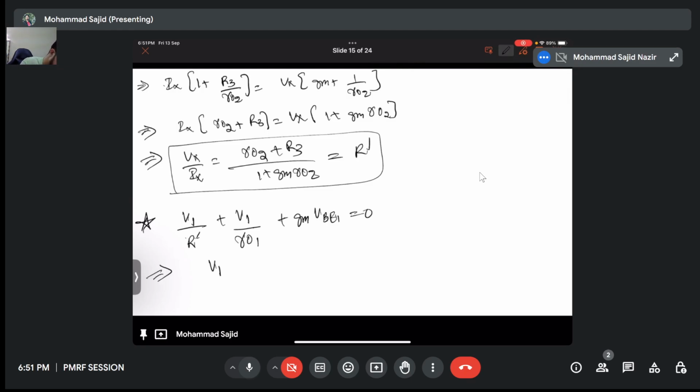So V1 times (1 by R dash plus 1 by R naught 1) will be equivalent to minus Gm VBE1.